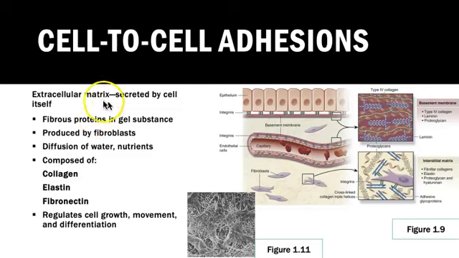First up is going to be our extracellular matrix, which is secreted by the cell itself. We know that we're going to have our fibrous proteins that sit within this gel-like substance, and this is all produced by these cells known as fibroblasts.